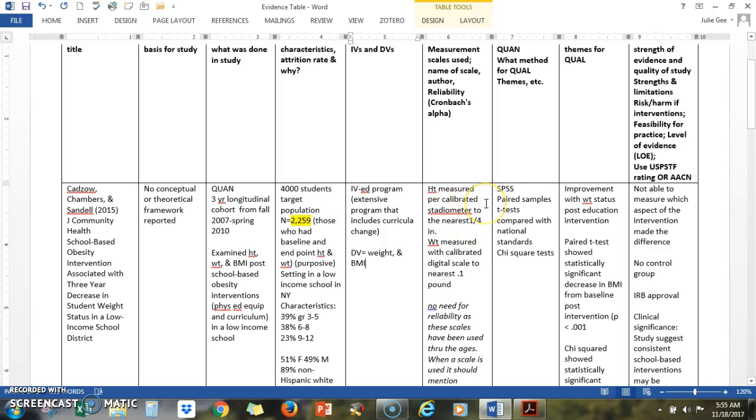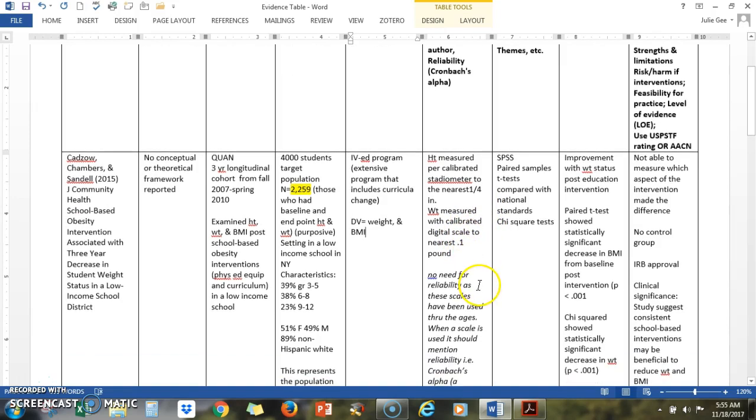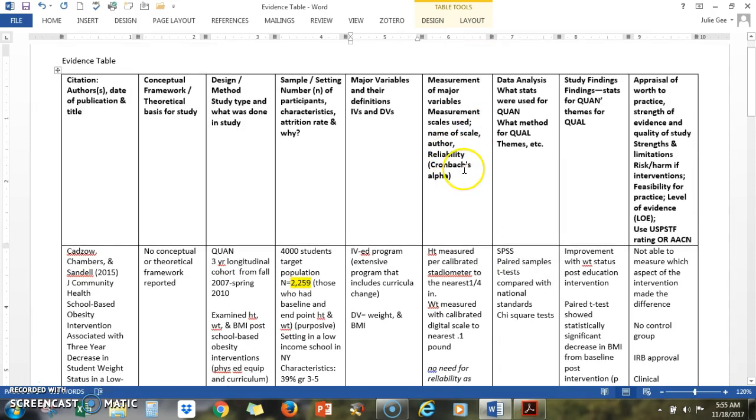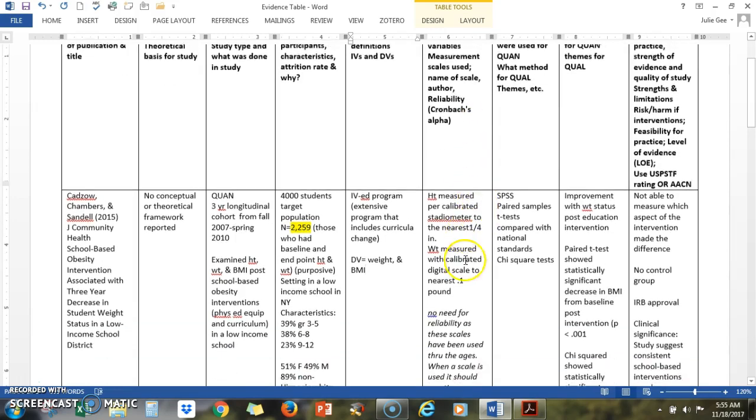And in the article it talked about how they were measured, a stadiometer to the nearest 1/4 inch for height, I don't know if that's how you pronounce that, and then a calibrated digital scale to the nearest 1/10 of a pound for weight. I don't need to address the author. I don't know who invented height and weight, and that was years ago, those scales. And reliability, we don't need to mention it of these scales either, because these have been around. These are a given, this height and weight.